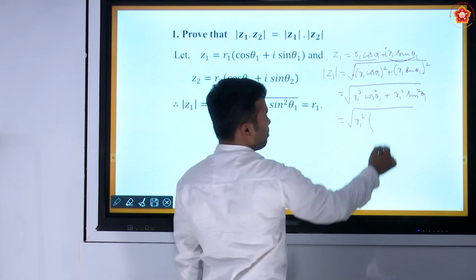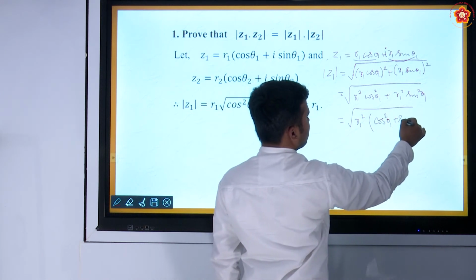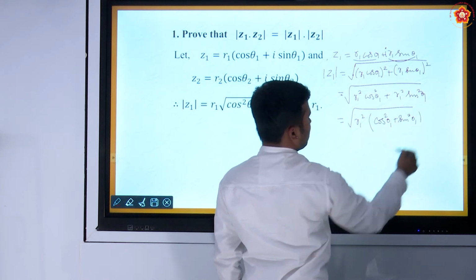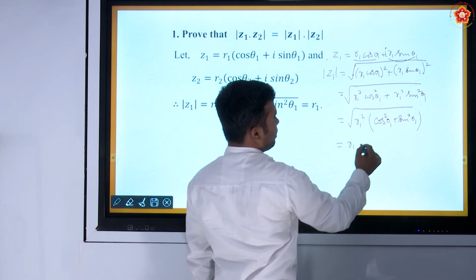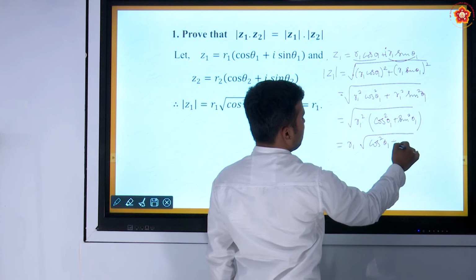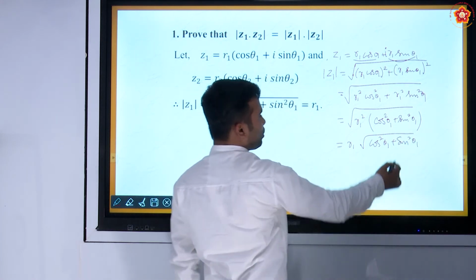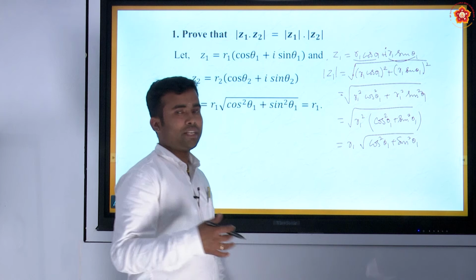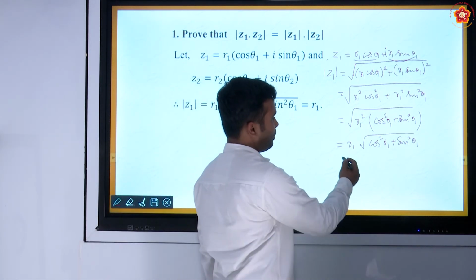Now from this, r1 square is common. So we are left with cos square theta 1 plus sin square theta 1. If you take the square root, r1 square will be r1, and this is the square root of cos square theta 1 plus sin square theta 1. As you know, cos square theta plus sin square theta will be 1 and its square root will be 1.